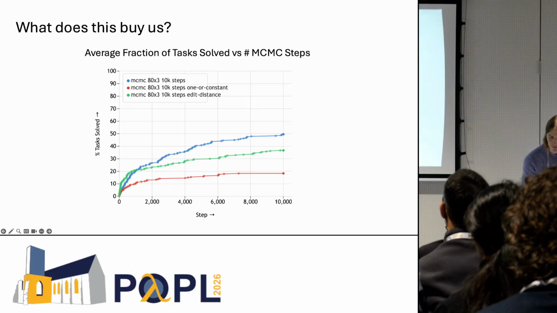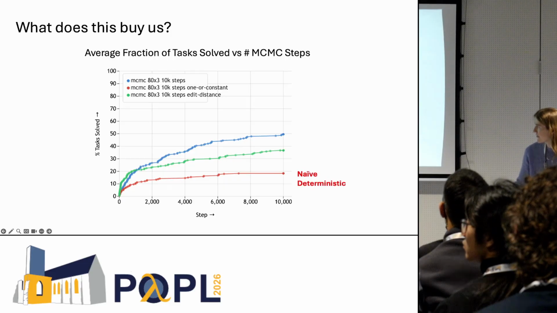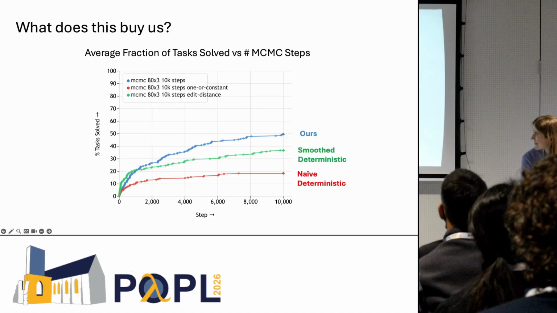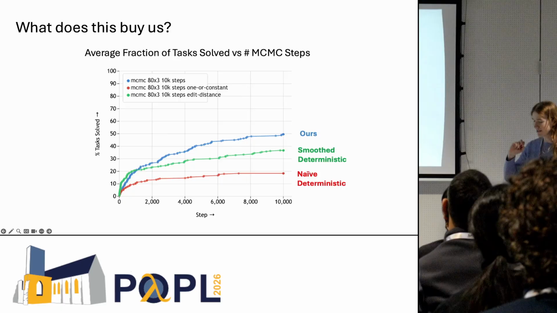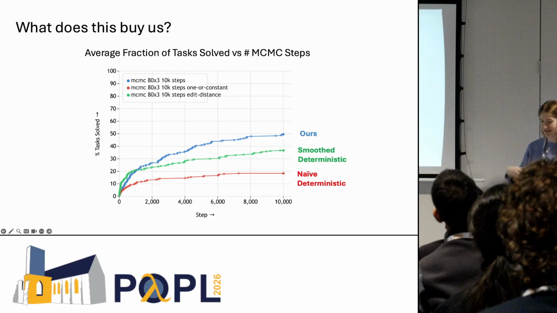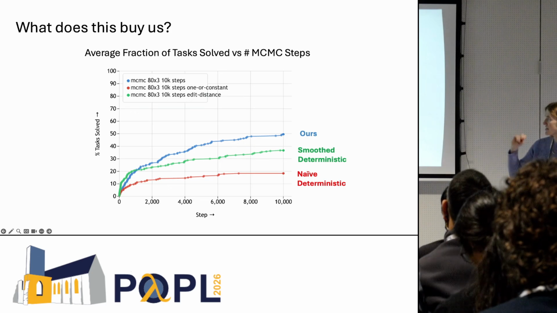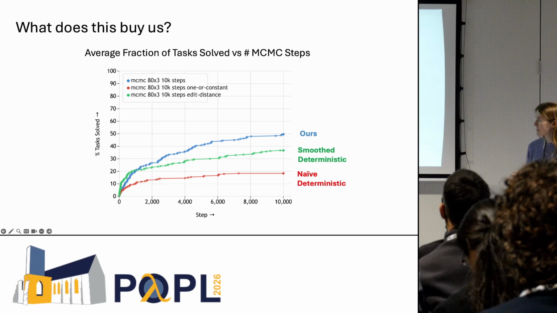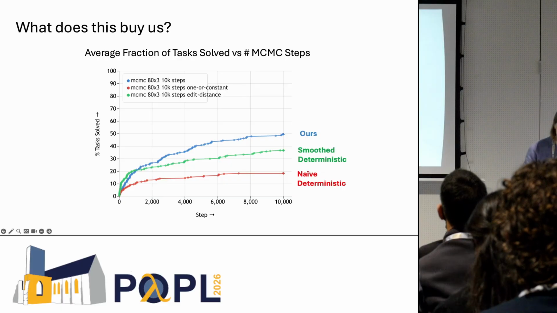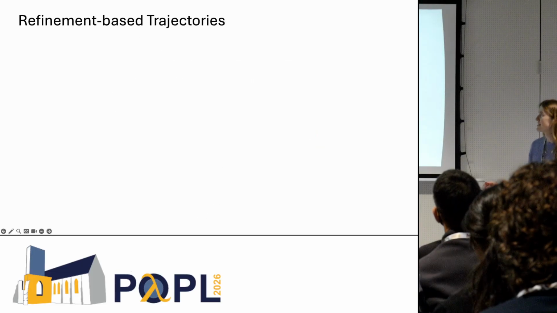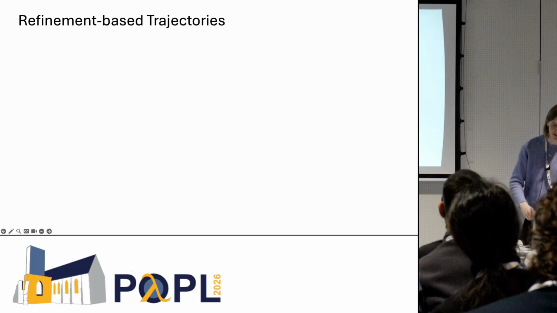And here is that naive deterministic 0 or 1 baseline. The green one is the smoothed likelihood with an edit distance, and our method with probabilistic programs outperforms these two pretty considerably.